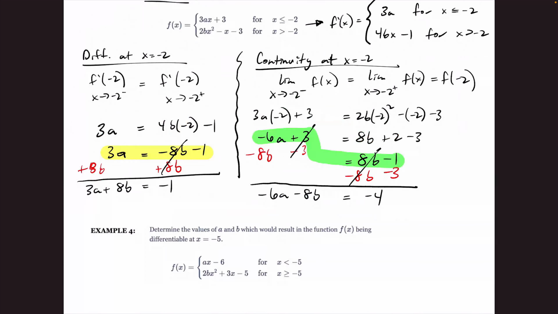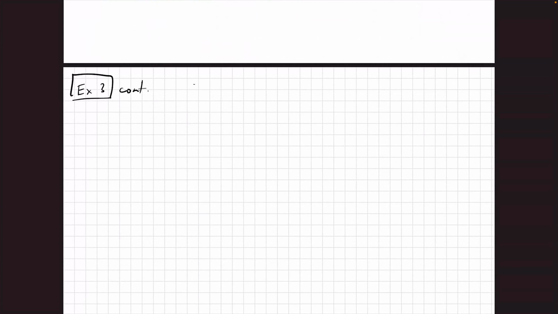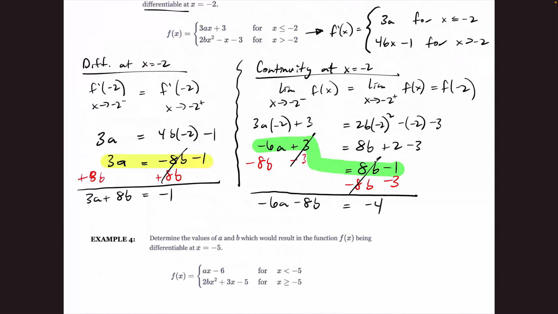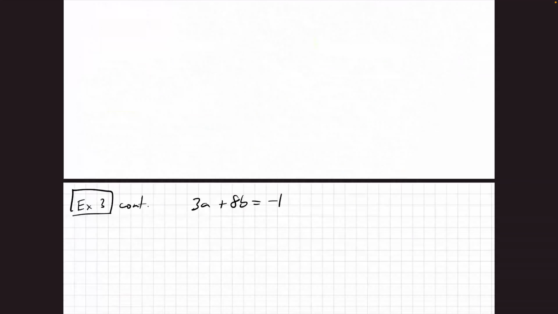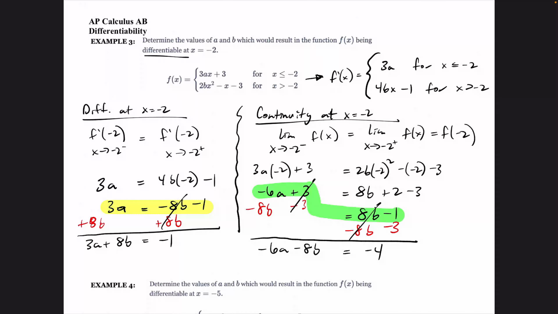Okay, so I have 3a plus 8b equals negative 1. And then I have negative 6a minus 8b equal negative 4.